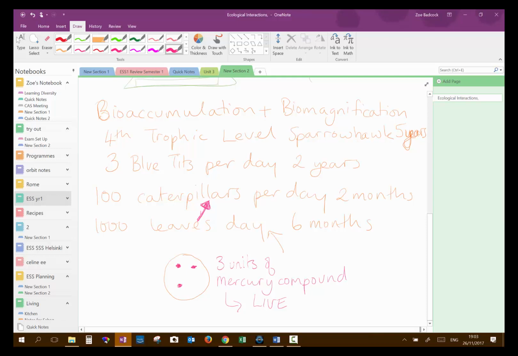So instead of 3 units, let's say it's got 30 units inside its body. At this point, they still live. Maybe their ability to function is decreased, but they're still alive.